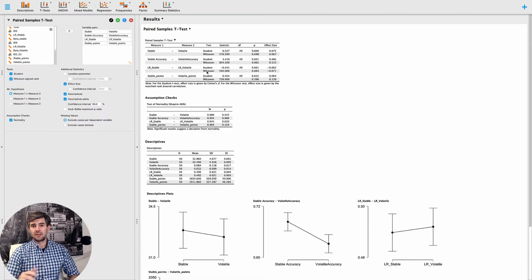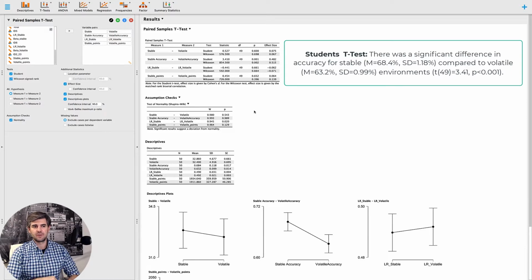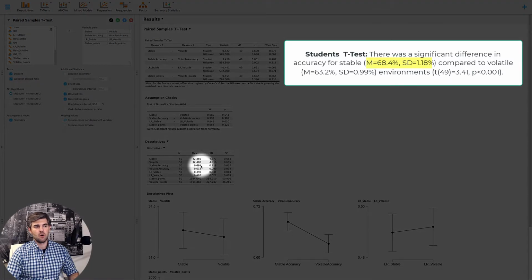In terms of reporting these results, you would always report the mean and the standard deviation. In the case of the Wilcoxon test, because it's non-parametric, you would report the median rather than the standard deviation. So in a sentence, which we're going to type up here, you'll say something along the lines of, in stable condition, accuracy was mean 68% with a standard deviation of 1%, compared to 63% with a standard deviation of 0.99%.